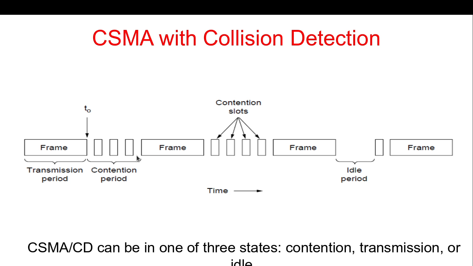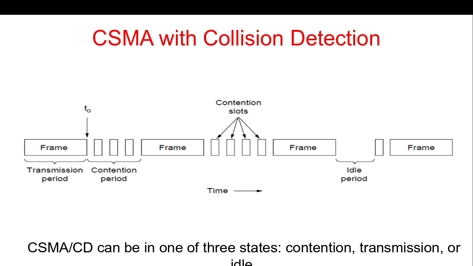If only a single station is transmitting here, its frame will be transmitted successfully. But if multiple stations simultaneously start to transmit, there will be collisions. And if there are collisions, there may be a single bit collided, or a major fraction of the frame collided.